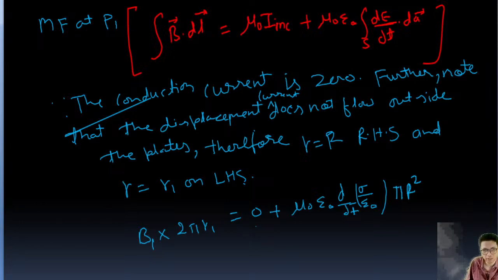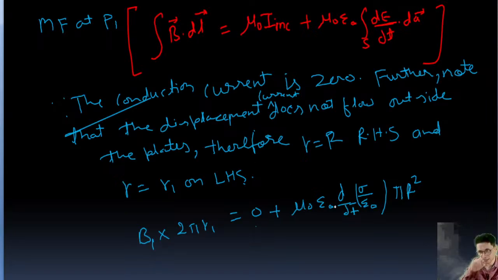Now I'll simplify it further. So this is going to be mu0 epsilon 0. So now B1 into 2 pi r1 equal to mu0 epsilon 0.